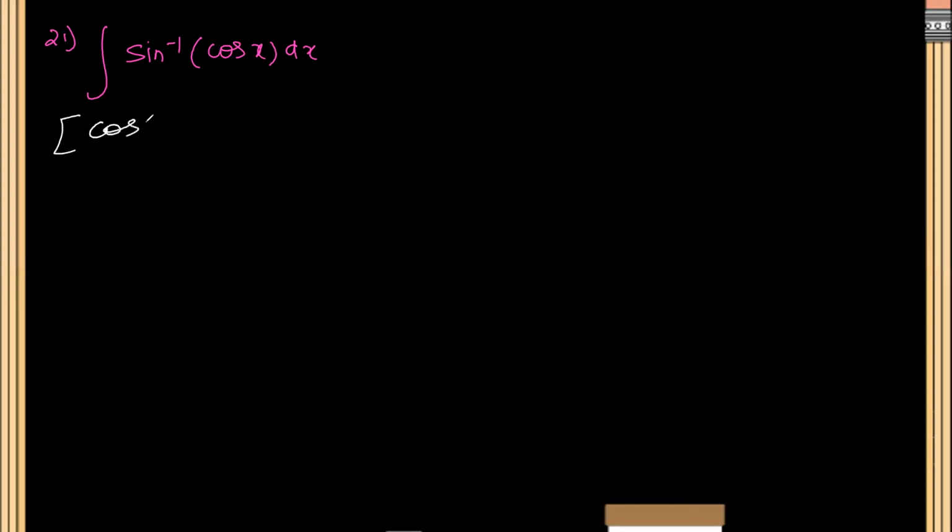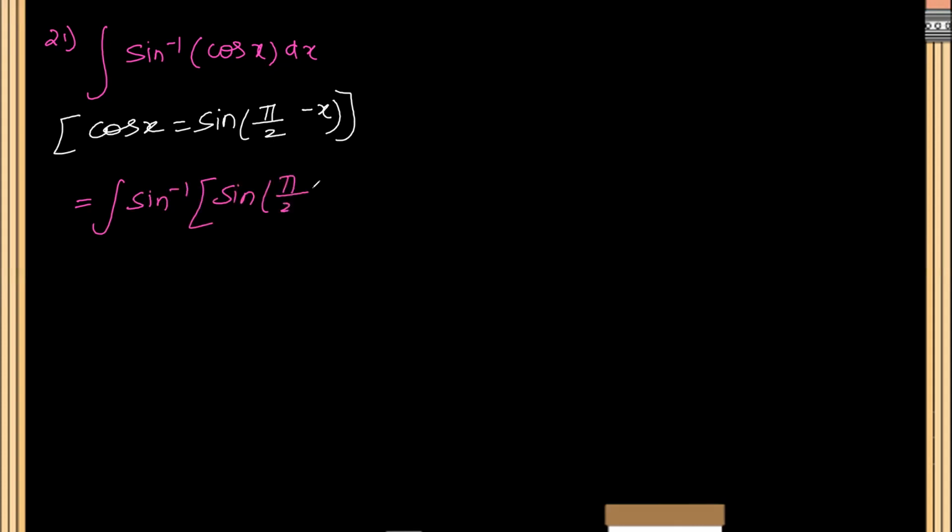Cos theta can be written as its complementary angle, sine of 90 minus theta. Here we have x in the argument, so the given question can be written as integral sine inverse of sine of pi by 2 minus x dx.